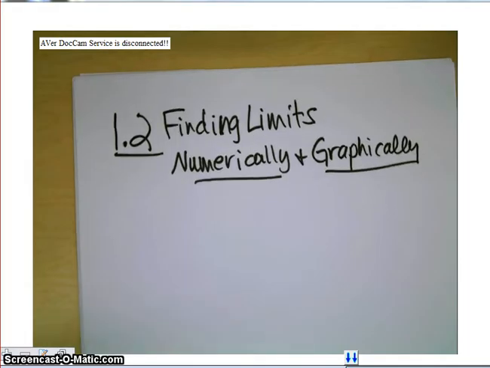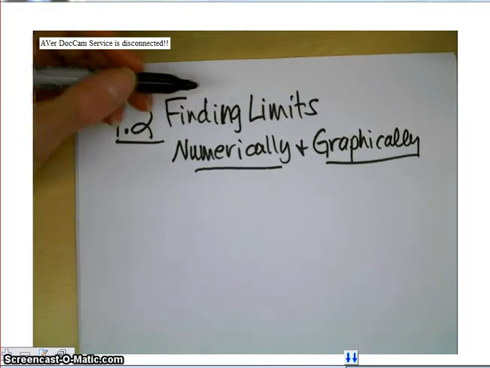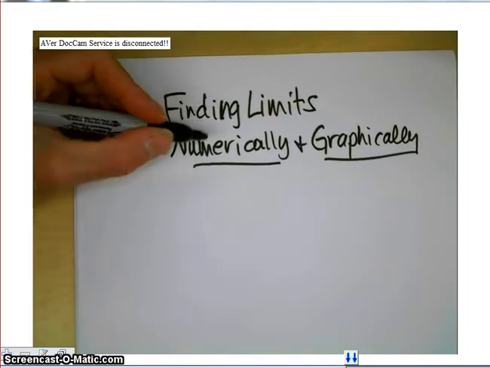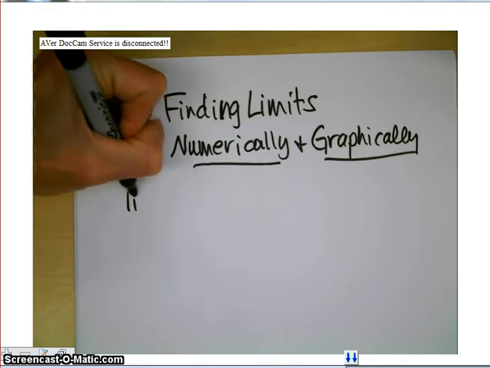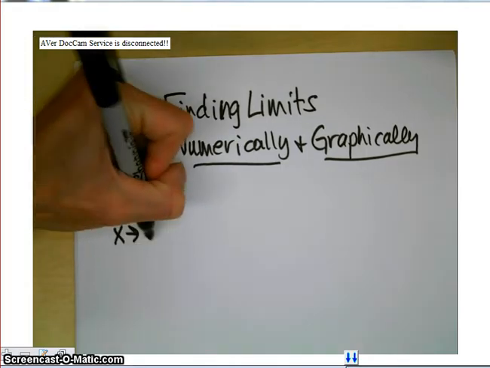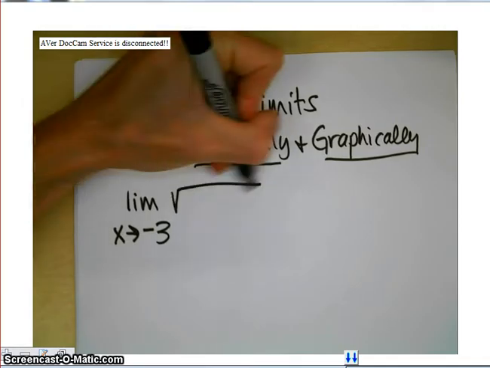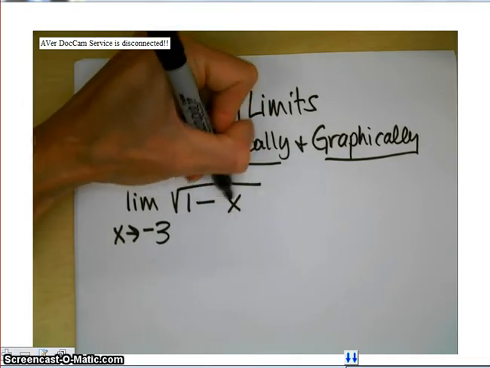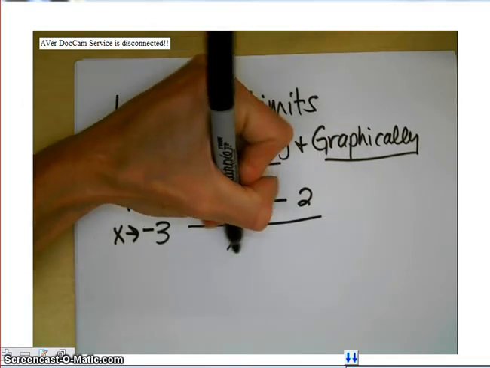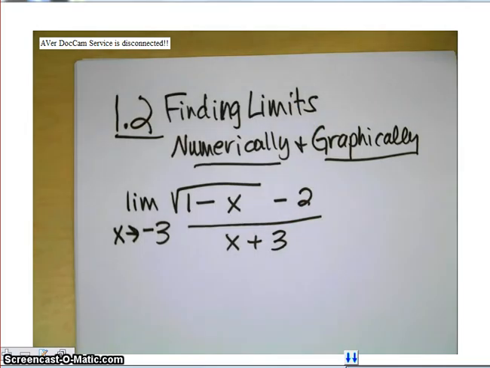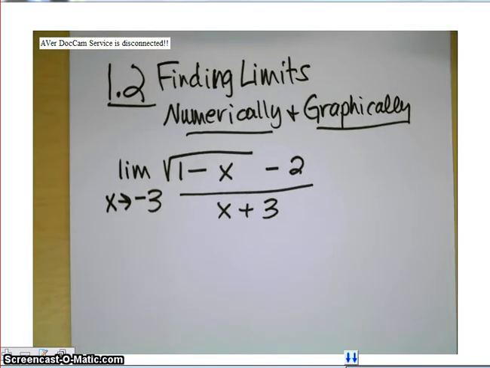So let me just show you the first limit problem that you'll be working with. Let's say I wanted to find the limit as x goes to -3 of the square root of 1 minus x minus 2 all over x plus 3. It's right up here. It is in the book too.